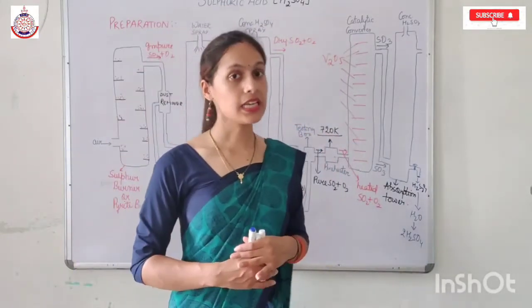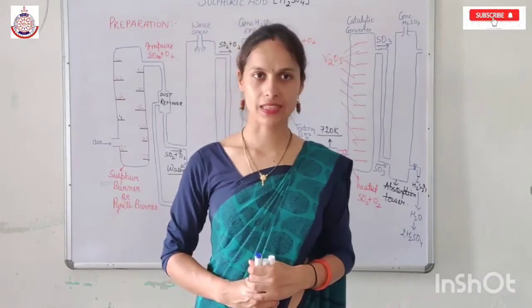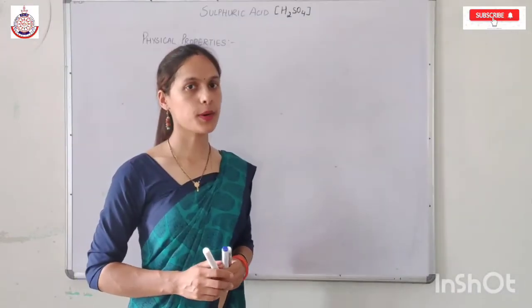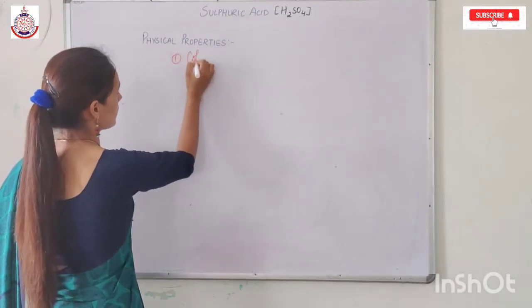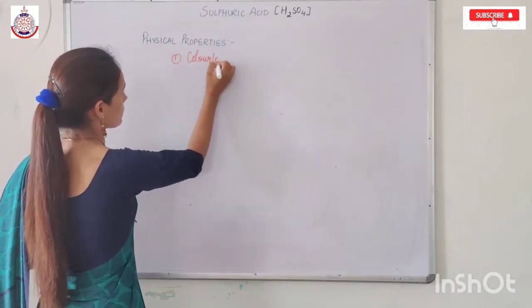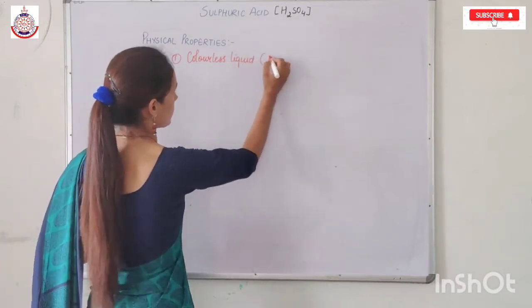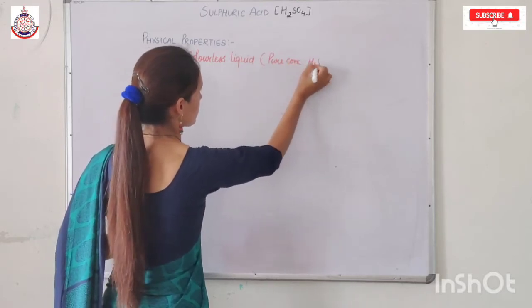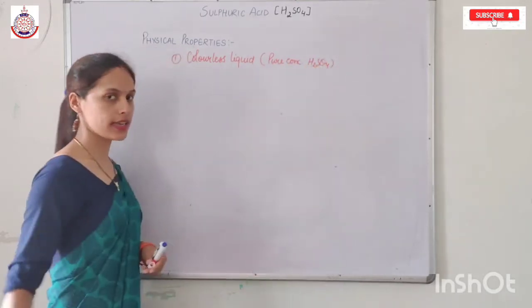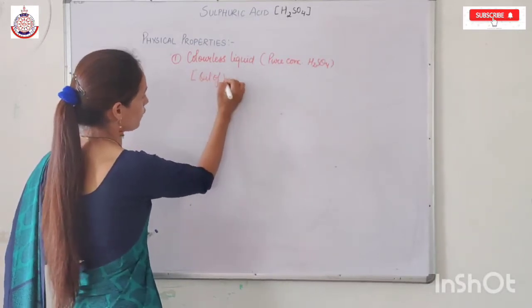Now we'll study the physical properties of sulfuric acid. The different physical properties of sulfuric acid are: first, pure concentrated sulfuric acid is a colorless liquid, which is also known as oil of vitriol.